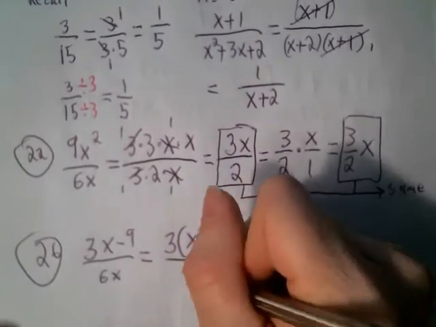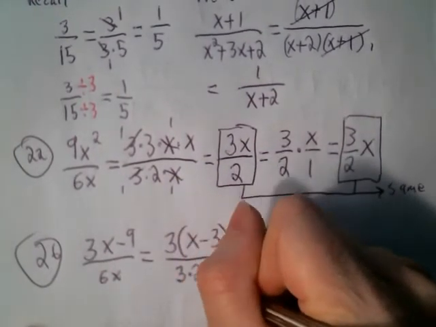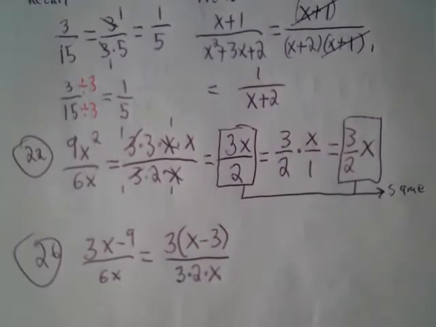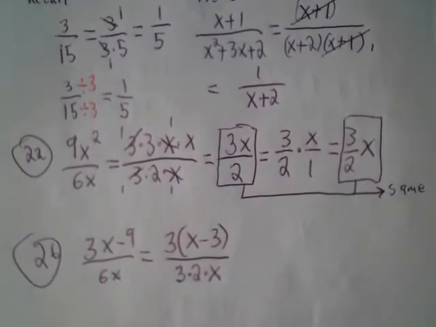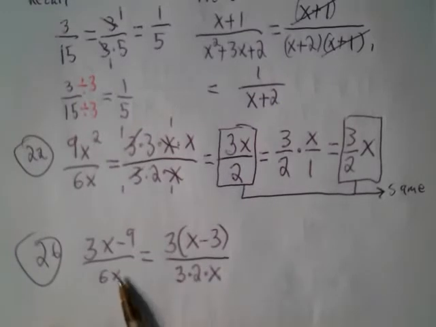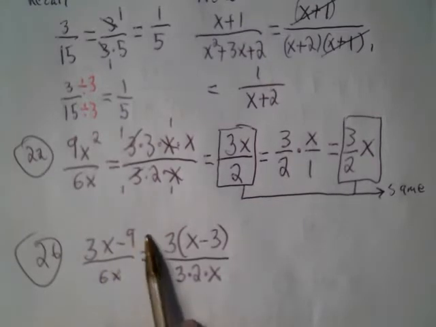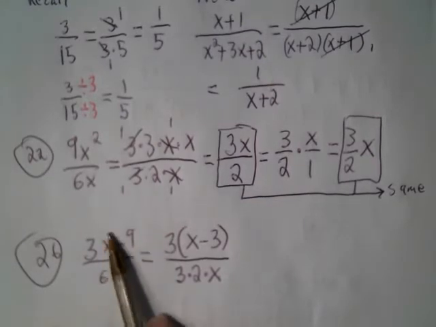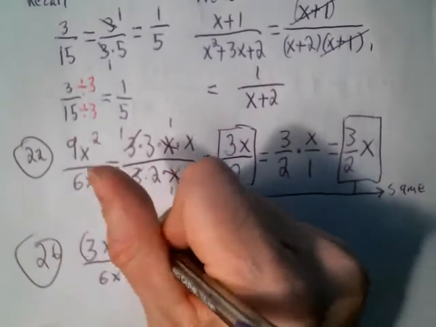And then downstairs, if you wish, you can factor it into 3 times 2 times x. Okay. So now you can remove this common factor of 3. Before you couldn't. You can't just cancel this into this. You would have to cancel this into this and this into this. Okay, it has to be both. This is considered one whole thing.